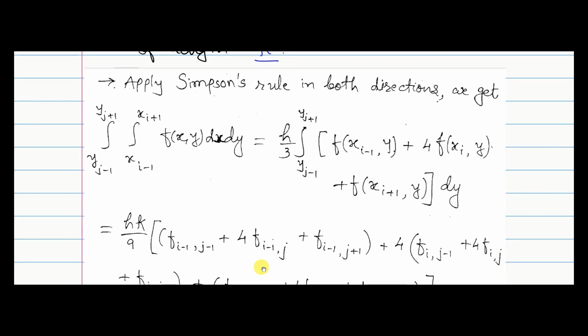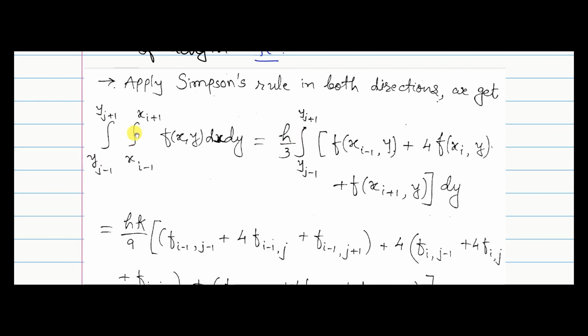Basically, the expressions are very long, so I am just focusing here on one subinterval, j minus 1 to j plus 1 and i minus 1 to i plus 1. Okay, so integration y_j minus 1 to y_j plus 1, integration x_i minus 1 to x_i plus 1 f(x,y) dx dy. So this is just for one subinterval, which is equal to h by 3. If you recall Simpson's 1/3 formula, it is the same as h by 3 integration, lower limit to upper limit, like this one.